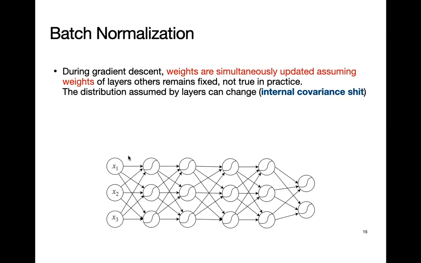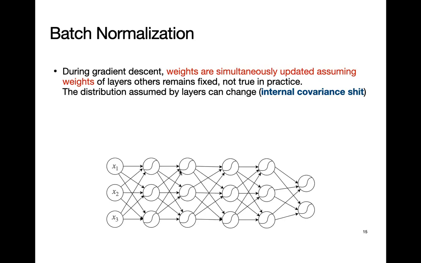So the idea is, if we can normalize or standardize the inputs of the hidden layers, can this speed up the training? That's where batch normalization comes in, okay? So how can we leverage these normalizations, not only for the input features but also for the hidden layers?